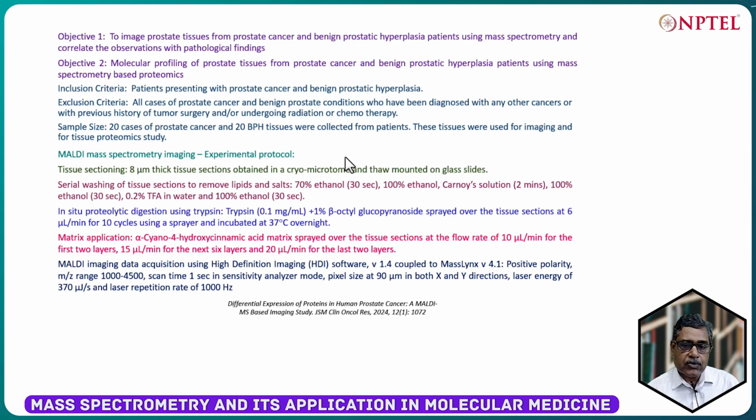So, it is important to know each and every step, why we are doing it, what the benefit is, and what the problem would be if we do not do this step. I showed you the rat kidney tissue processing, and now I'll talk a little about human prostate tissue processing for imaging. By and large, the procedure is the same, but it's better to go through it once.